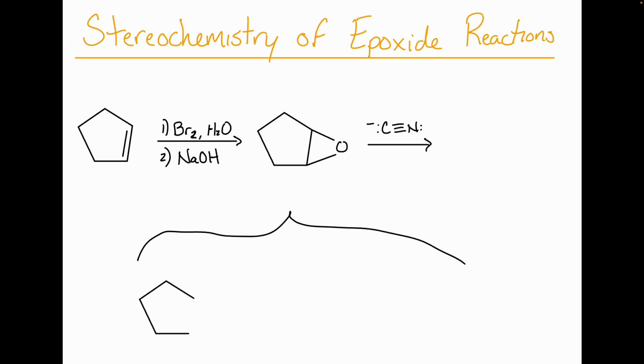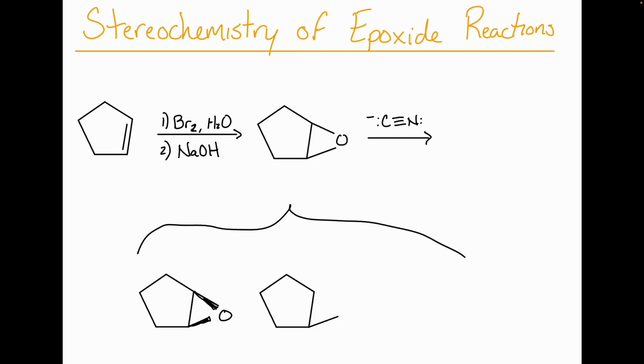would mean that these bonds could be both wedges or both dashes or a wedge and a dash.